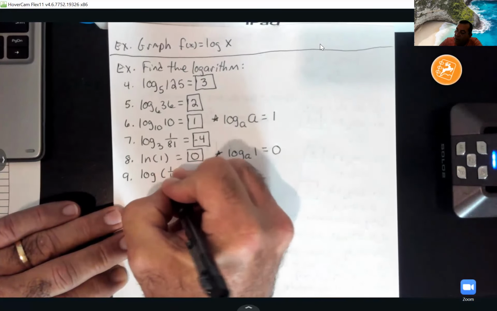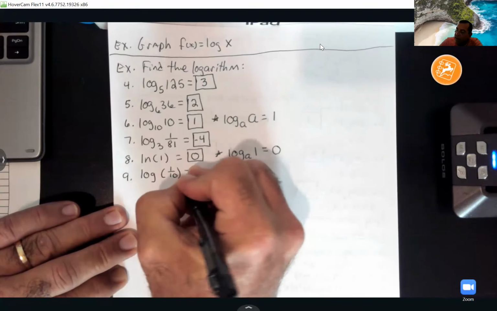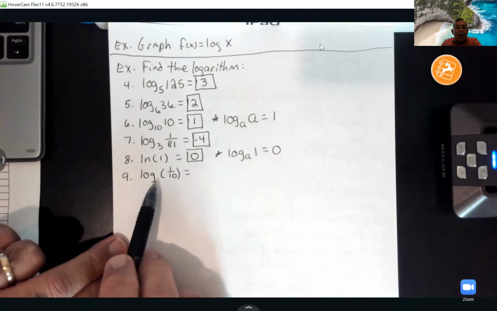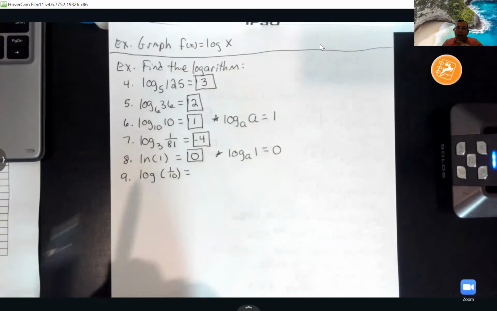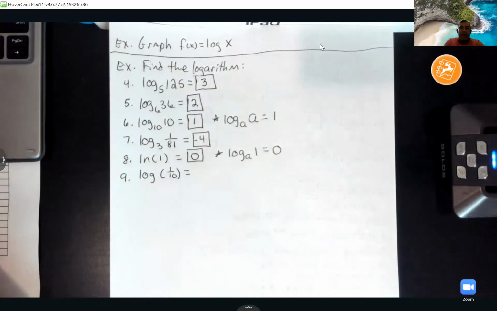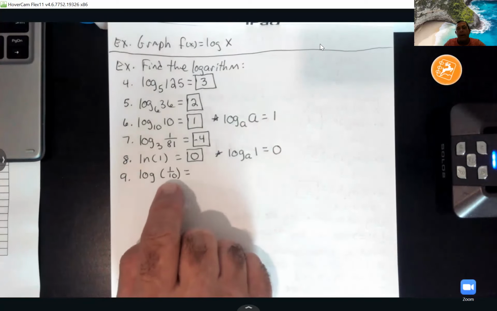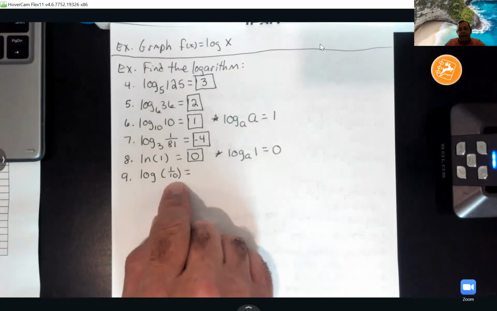All right, y'all, log of 1/10. So remember, this is my common log. Since it don't have a base here, I know that that would be a 10, okay? So the common log is also on the front of our calculator. Also, y'all notice that's a fraction.